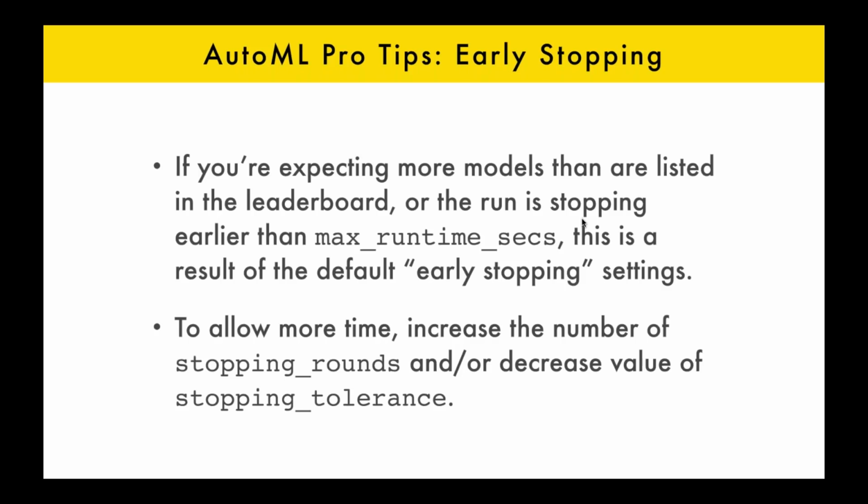But if you still want the early stopping built in, but you don't want it to be as eager, then you can increase the number of stopping rounds and or decrease the value of stopping tolerance. If you want more information about that, these are the same terms that we use in all the individual H2O algorithms as well: stopping rounds, stopping tolerance, and stopping metric. You can read more about that in the documentation.